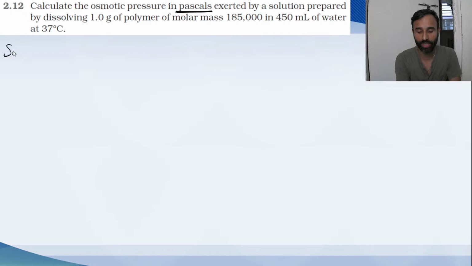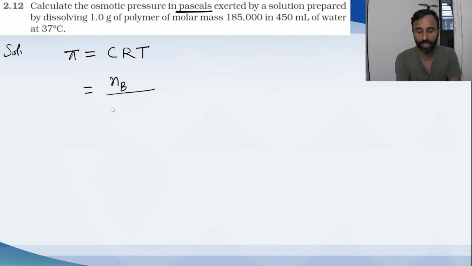So you know, osmotic pressure is equal to CRT. The concentration is not given. Temperature is given in degrees Celsius. Capital T means temperature in Kelvin, so we can convert it easily. Now, C, you know what is C?